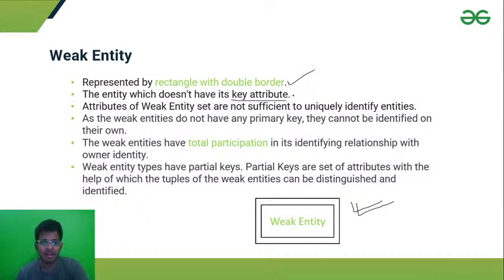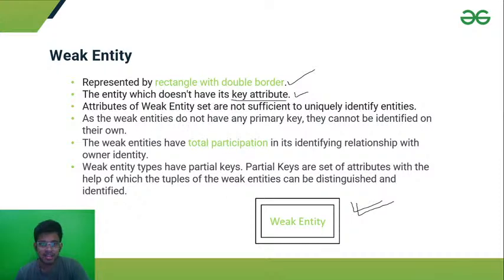Then you will say, if we cannot distinguish it, then how is it an entity, right? You must be wondering, if it does not have a primary key, then how can we distinguish it from other objects? What is the logic? A weak entity set depends upon the strong entity set to distinguish itself.